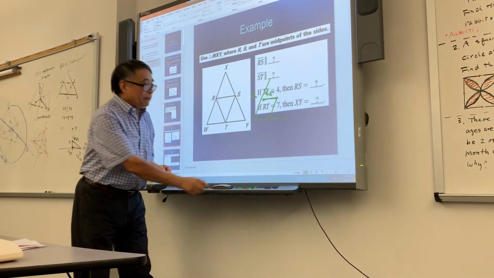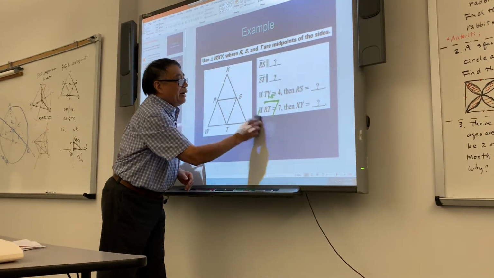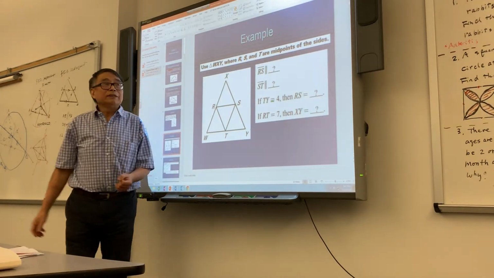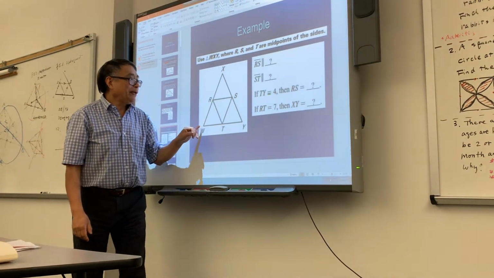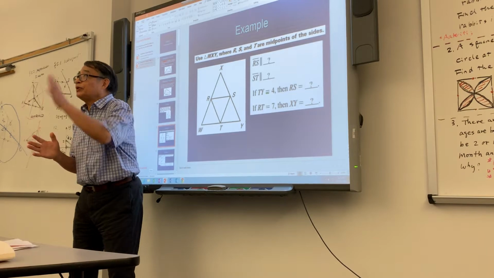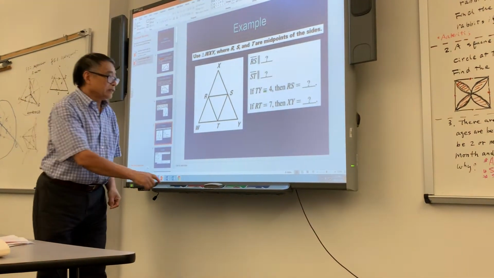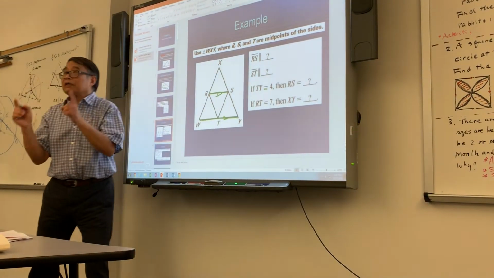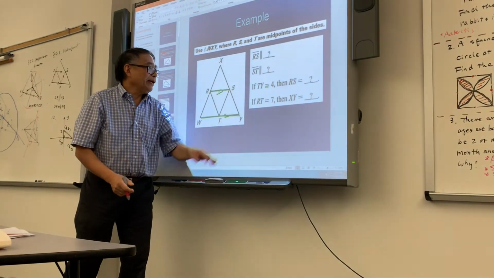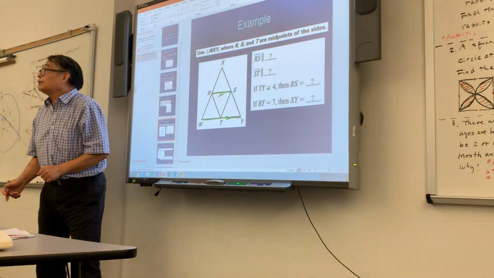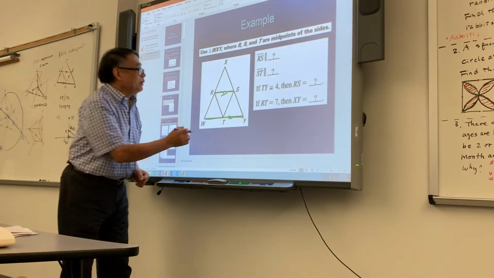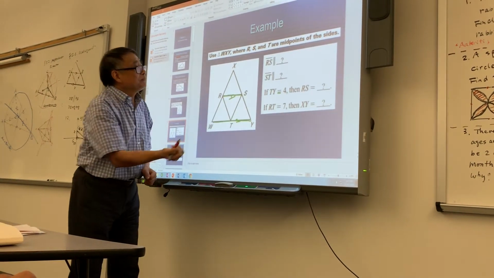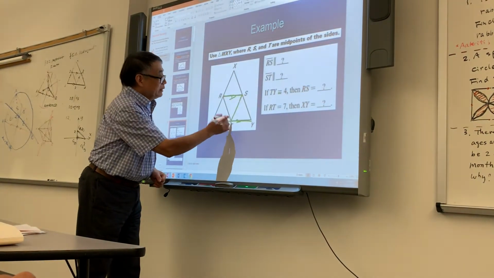And another example. R, S, T are midpoints of triangle WXY. So RS is parallel to which side? Raise your hands. Yes? WY. Thank you. RS and WY are parallel. Perfect. ST is parallel to which side? WX.